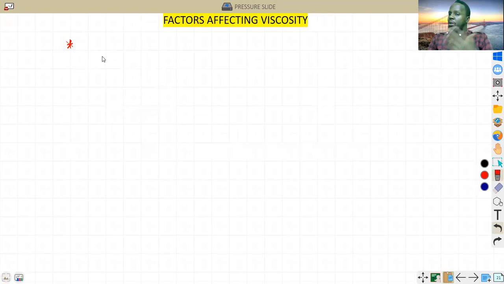The first factor we can put, I can quickly draw and explain this, but because I've done that in the introduction, I don't want to waste time because we still have a long way to go. Now, about factors affecting viscosity, we can say viscous force, let's put that in a note. Viscous force is affected by the following factors.